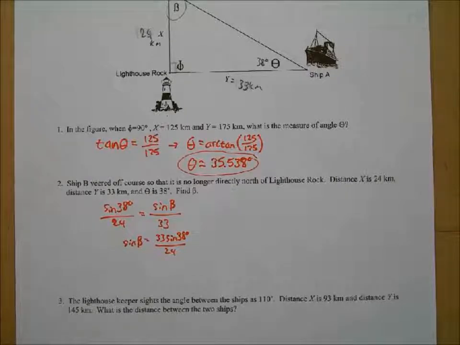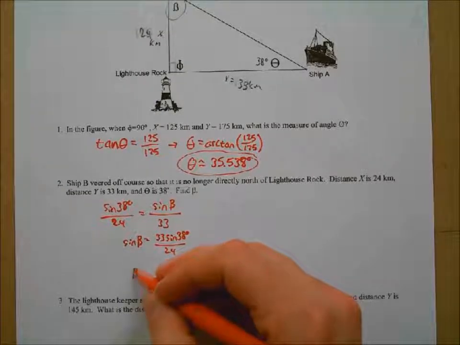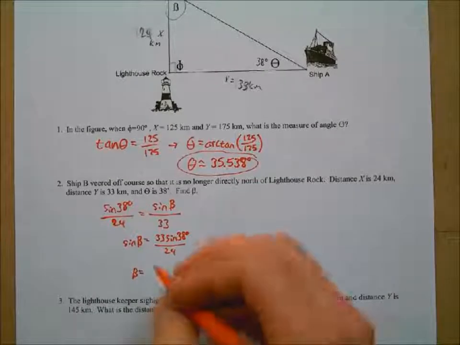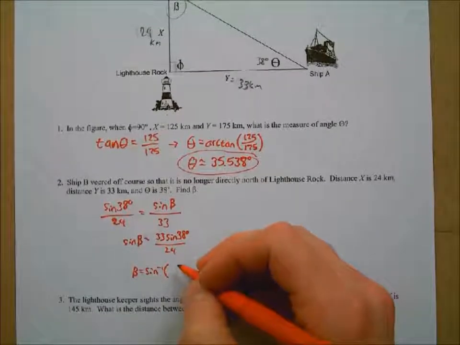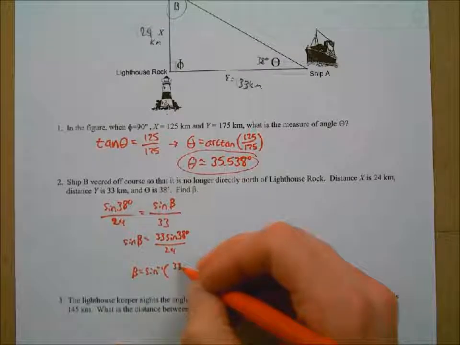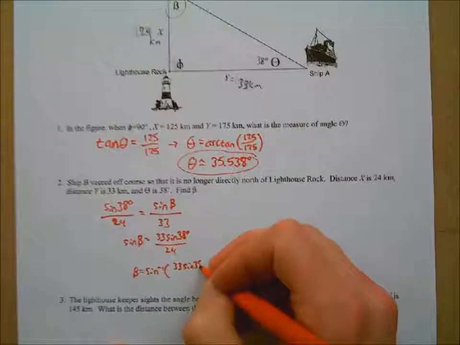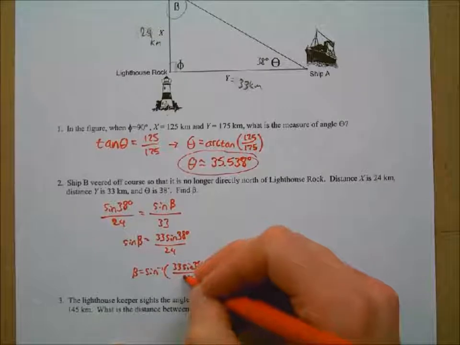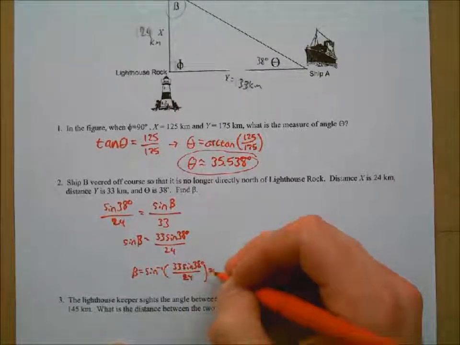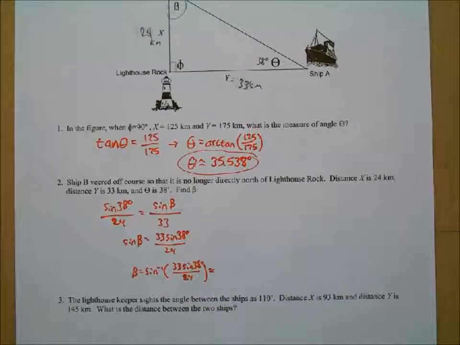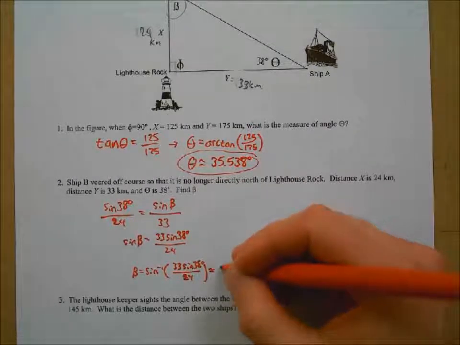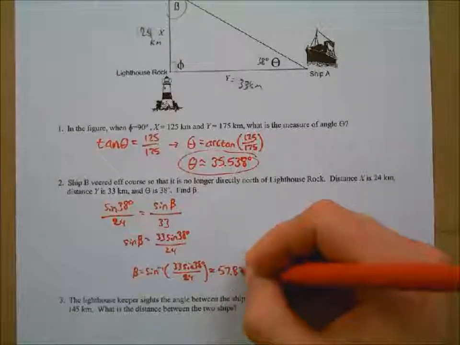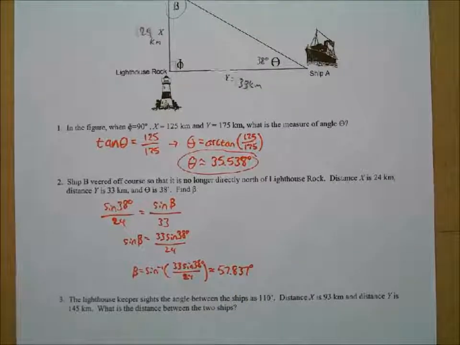And so then inverse sine there to both sides. We'll say beta is precisely sine inverse of 33 sine 38 over 24, which then, as an approximation decimal-wise, I get like 57.837 if I round degrees.